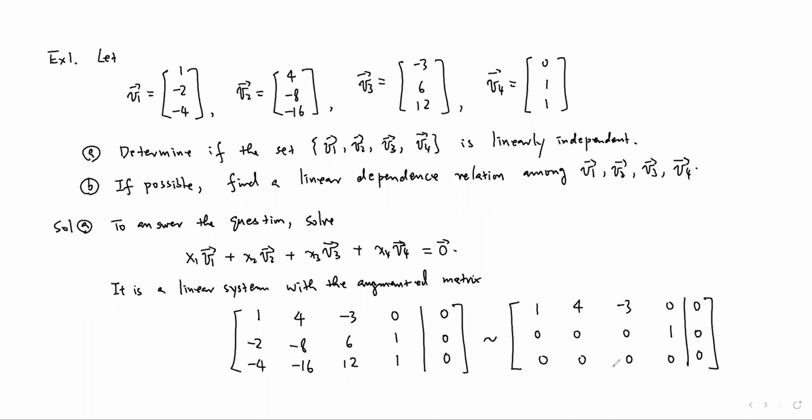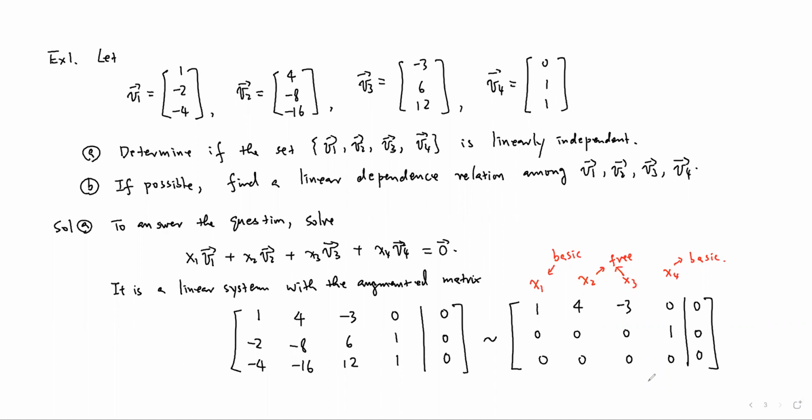This matrix is not just in echelon form, but in reduced echelon form. From the echelon form, I can see that first column contains a pivot. So x1 basic variable. Second column contains no pivot entry. So x2 free. x3 also free variable. x4 basic.